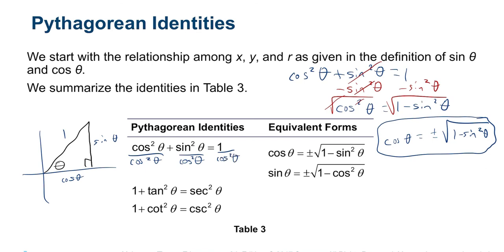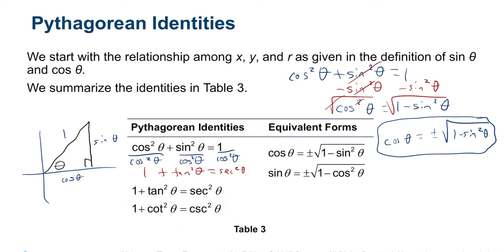And then this will turn into a 1. This will turn into tangent squared. And this will turn into secant squared. And so that's how you can derive this next identity. And then similarly, you can do the same thing to get the last identity. Instead of dividing by cosine squared, you would divide through by sine squared. And that's how you get this one.